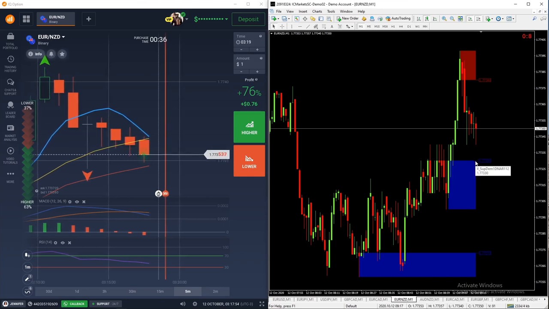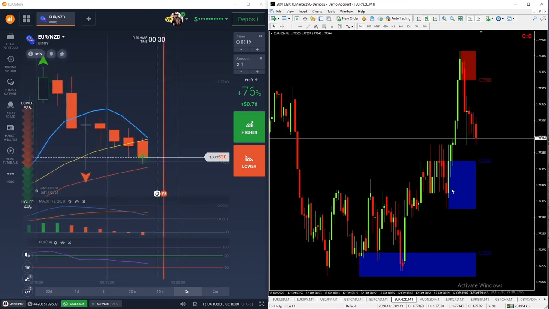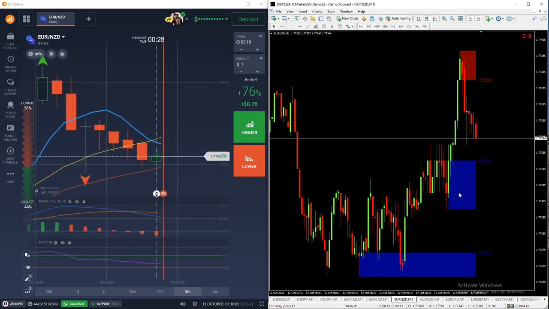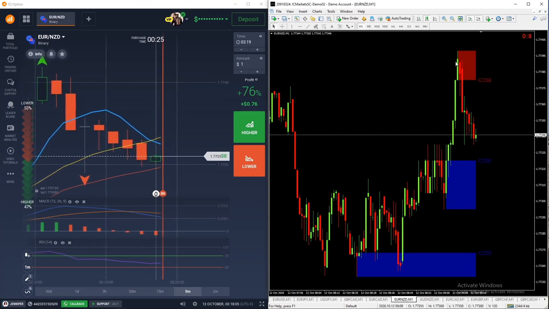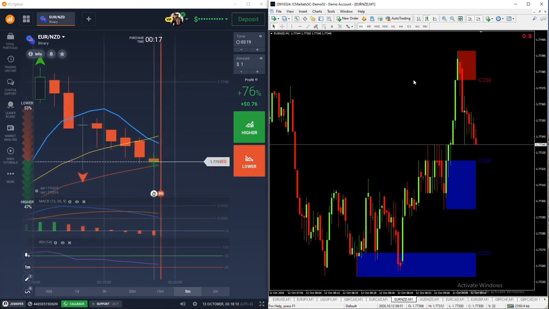But before you take that call, you need to check if the market has already reversed previously in that area of the call. If it's in the red zone, you need to check if the market has already reversed previously in that red zone on a previous resistance. It's as simple as that, guys.